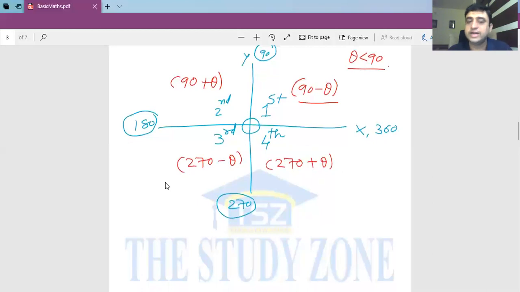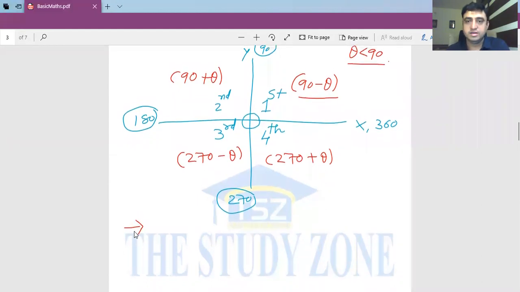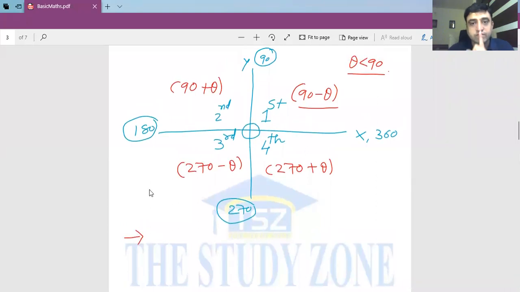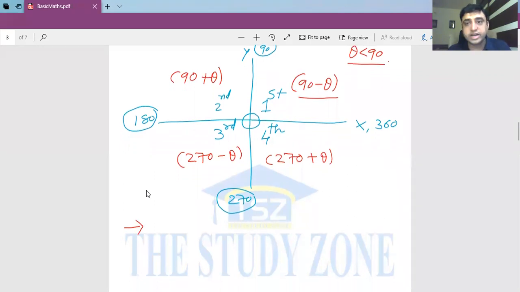And in the fourth quadrant, any angle can be represented by 270 plus theta. See the magic of concept. After 20 minutes, you will be able to have 72 new formulas of trigonometry. Concentrate. And you will never forget in your entire life.